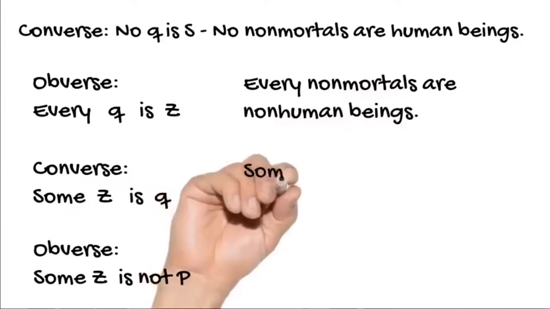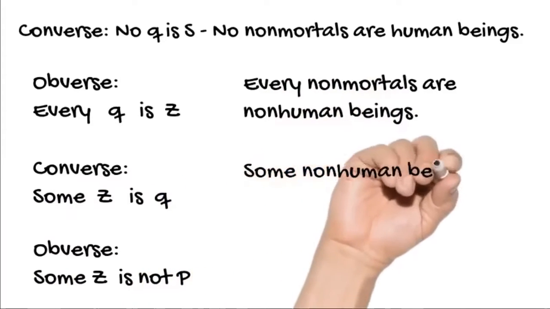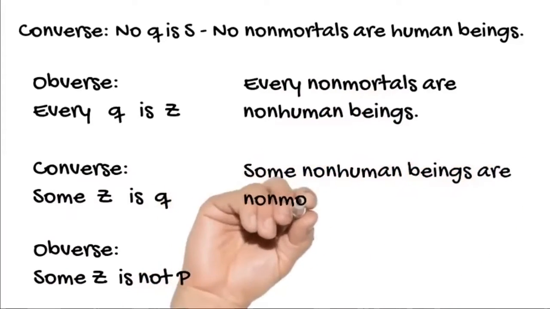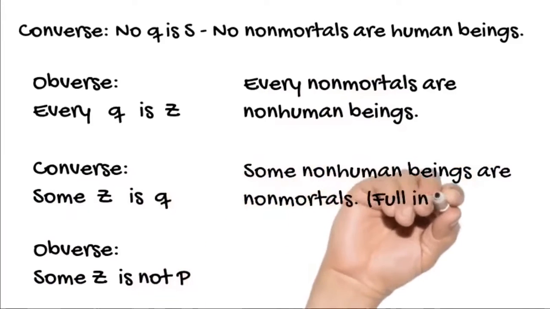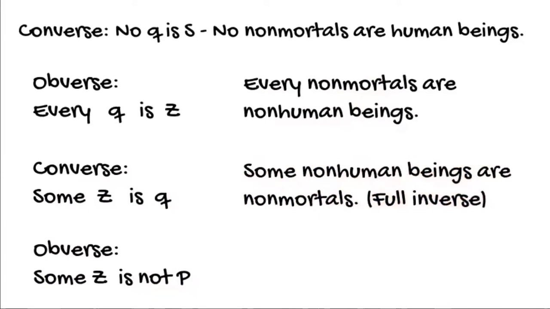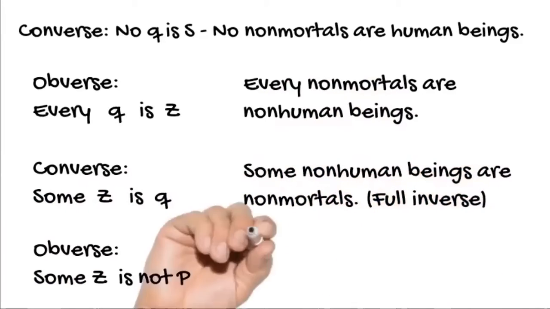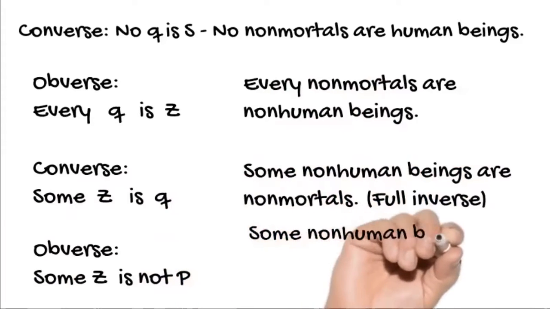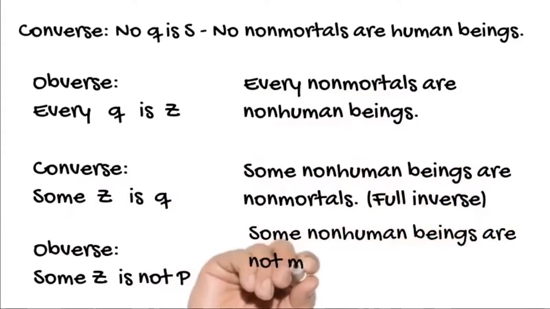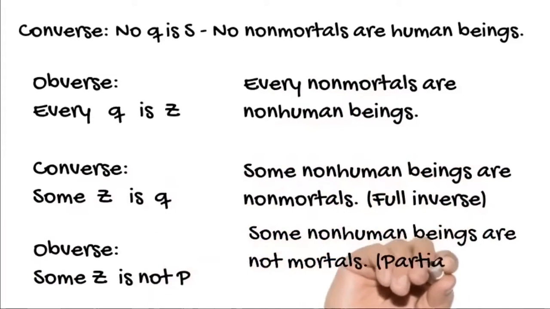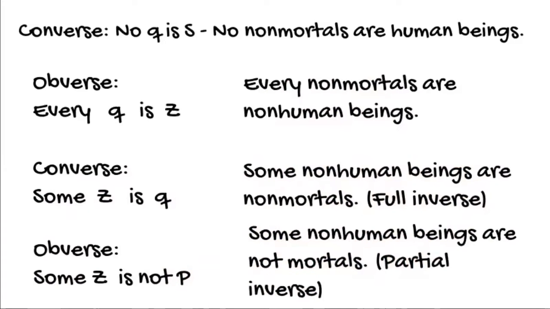And the converse of it is some non-human beings are non-mortals. And that's the full inverse. And you obvert that converse, then you have some non-human beings are not mortals. And you have the partial inverse this time.